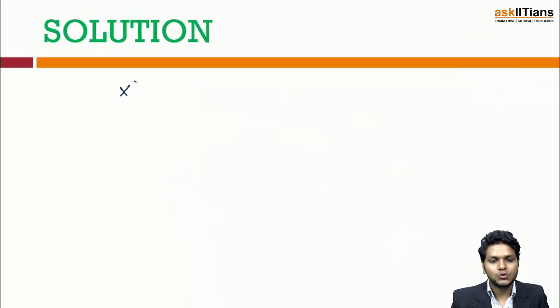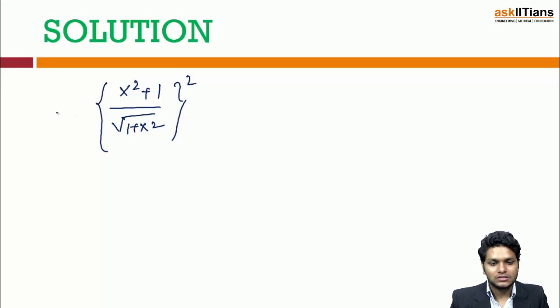I'll have x square plus 1 in this, root over 1 plus x square. Now I have the whole square such that minus 1 is also there, and then I'll have to multiply it with 1 plus x square, which is raised to the power half.